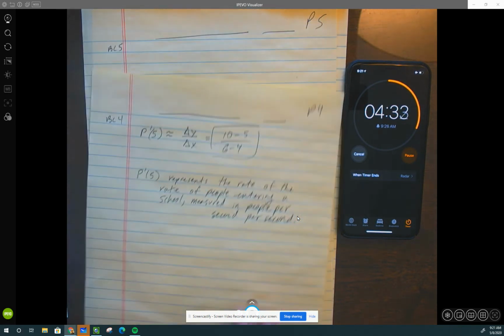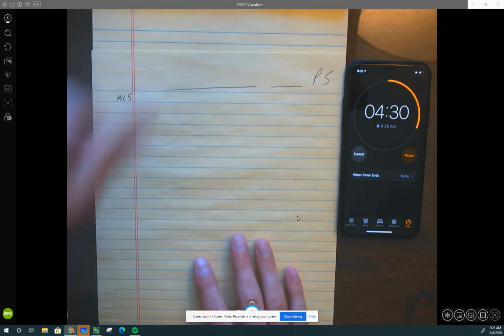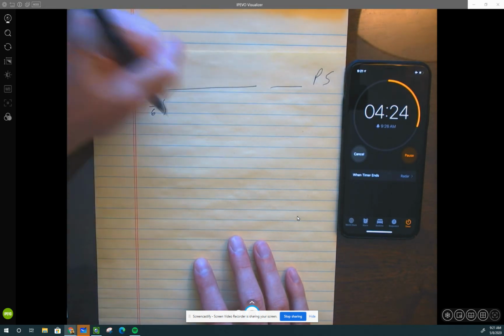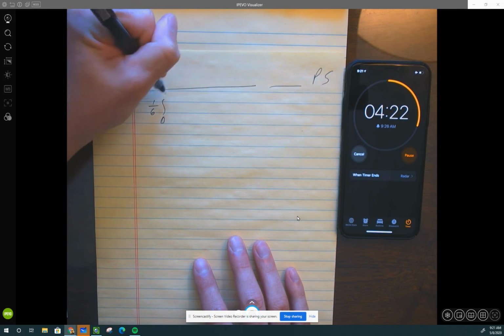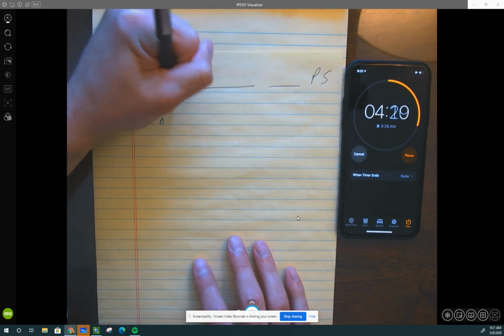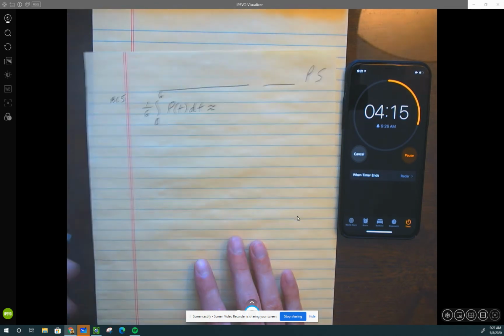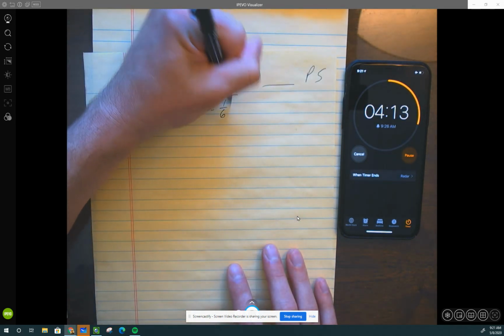All right, BC5. Using a left Riemann sum, 3 subintervals, approximate. Okay, so 1/6 integral from 0 to 6, I think. Yeah, of p of t dt. Okay, got it. Is approximately equal to 1/6 times the Riemann sum.